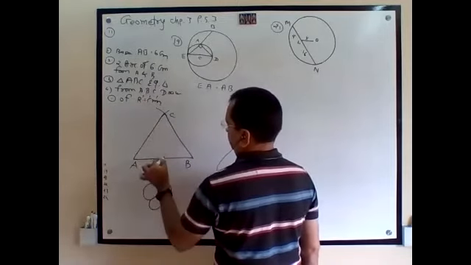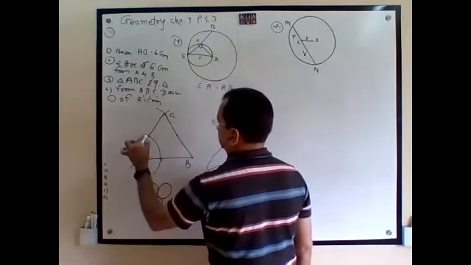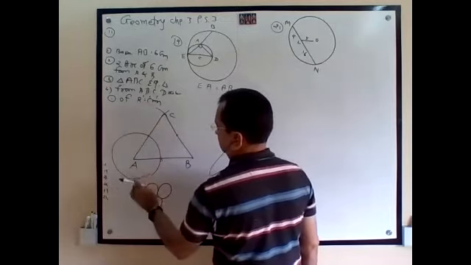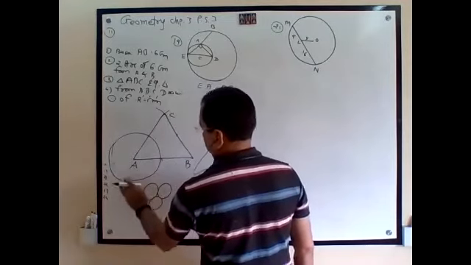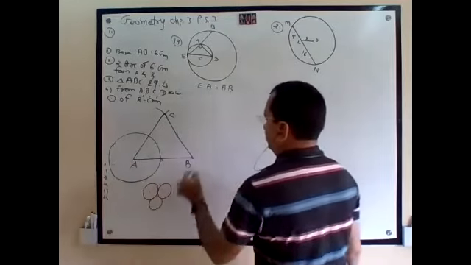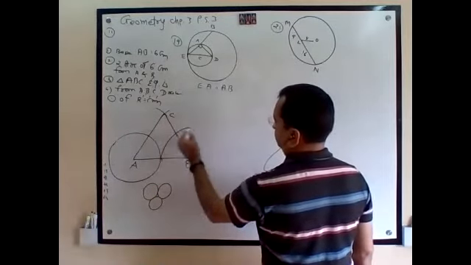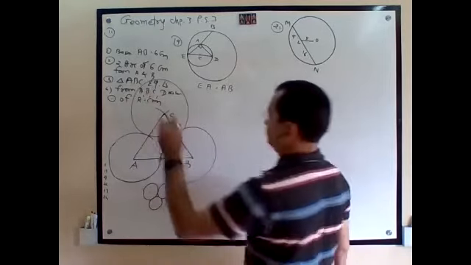From here 3 centimeter, it will be like this. From B, it will be like this. From C, it will be like this.